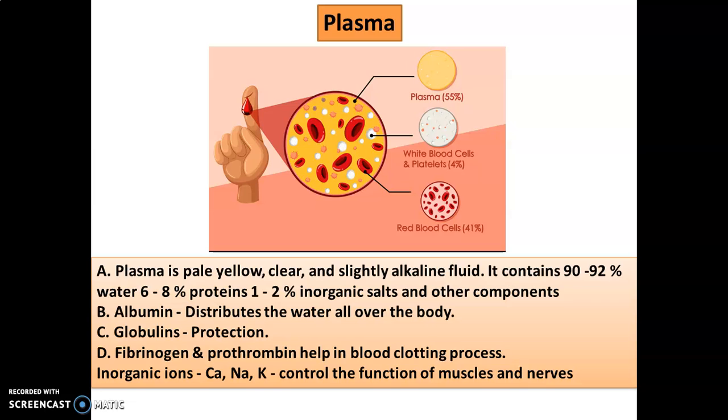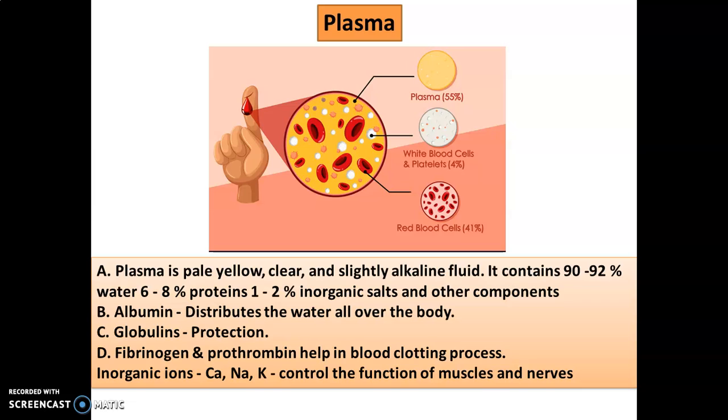Then it has fibrinogen and prothrombin, which help in the blood clotting process. And inorganic salts, as we have studied, it has calcium, sodium and potassium, which control the function of muscles and nerves.